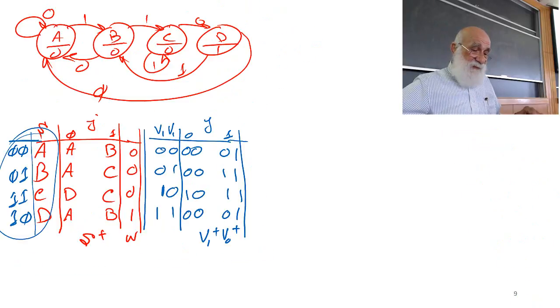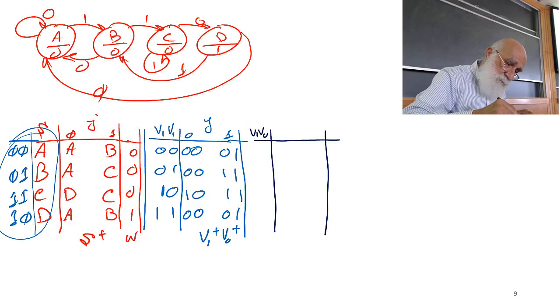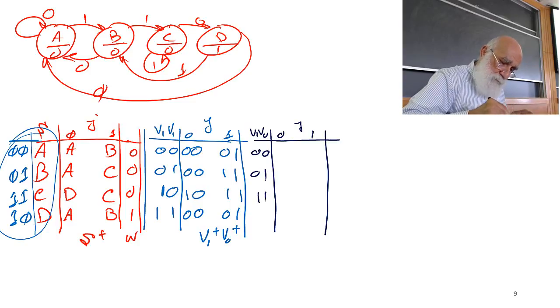Since I have decided to use D flip-flops, this becomes, even though I'm repeating it, though you don't have to, this is my state table.